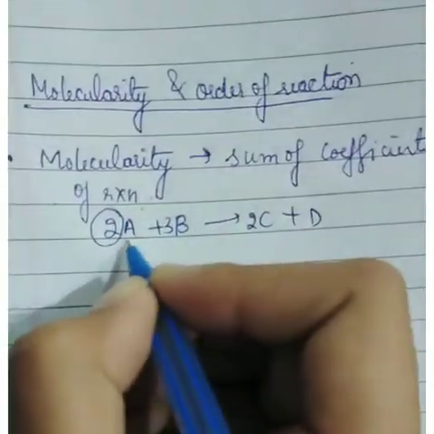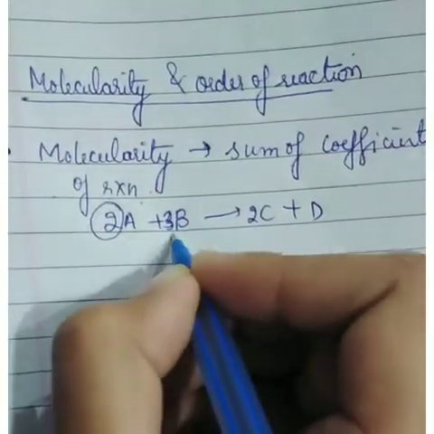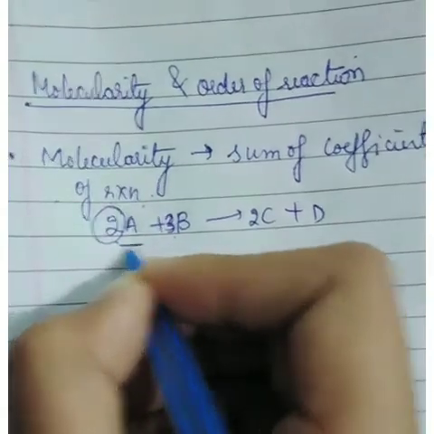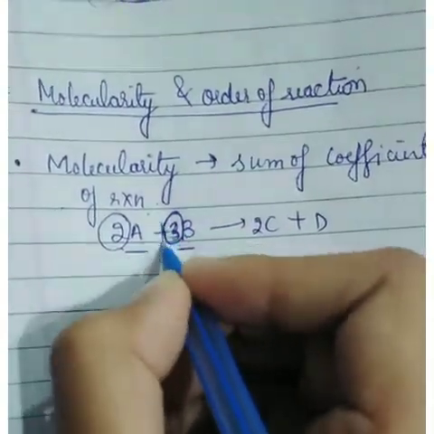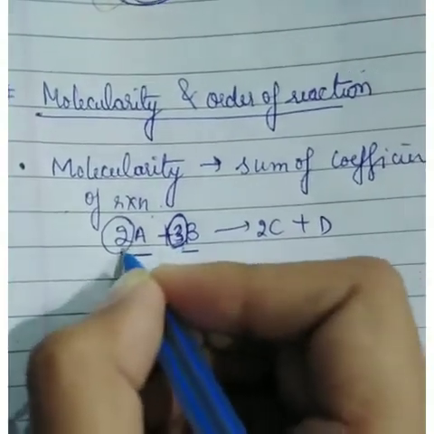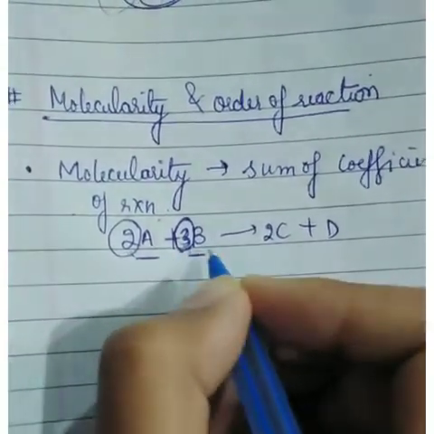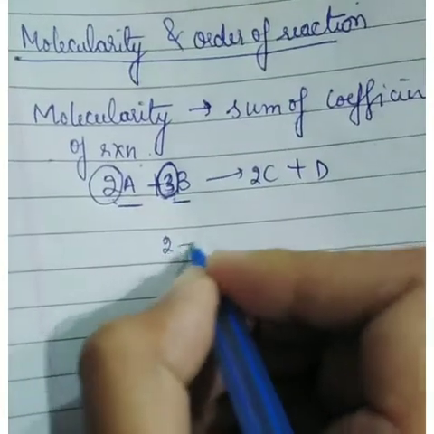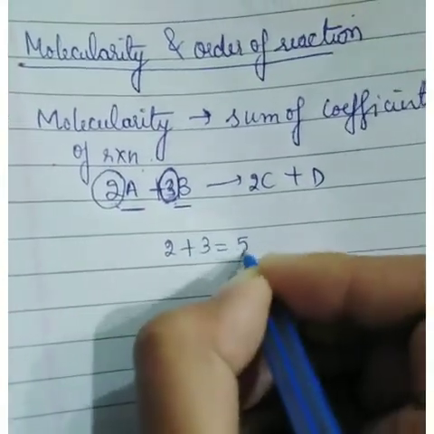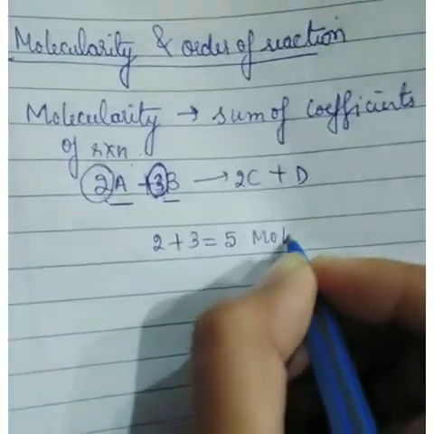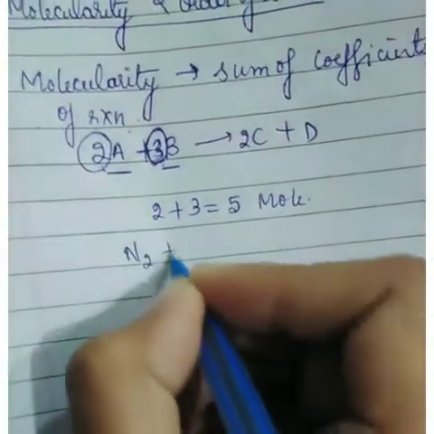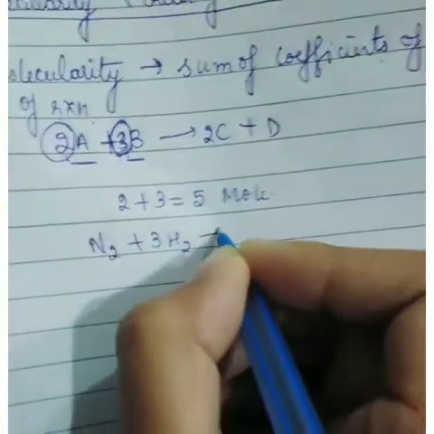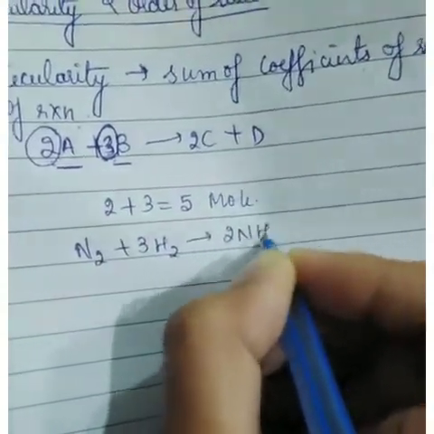That is, in our reaction, whatever the reactants are, this one is a reactant, this one is a reactant, the sum of their stoichiometric coefficients is the molecularity, that is 2 plus 3 equals 5. This is the molecularity. For example, N2 plus 3H2 gives 2 molecules of NH3.